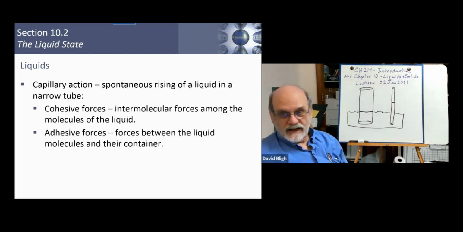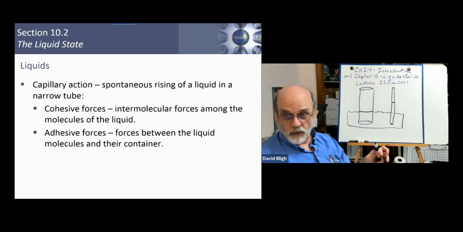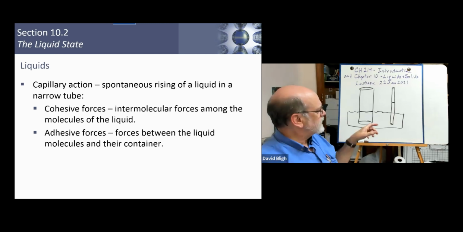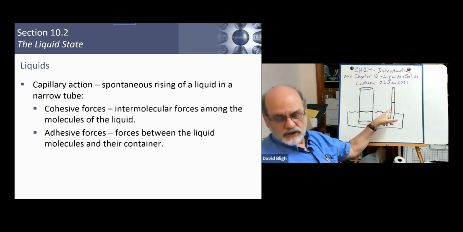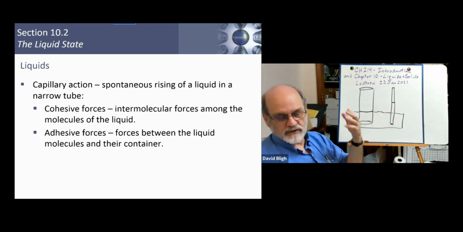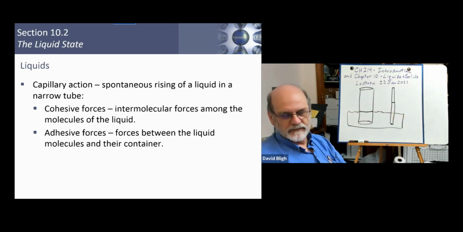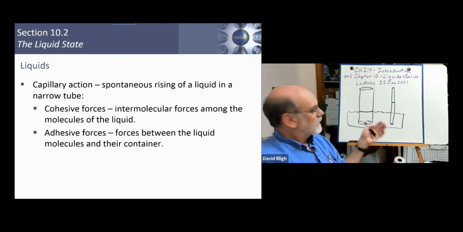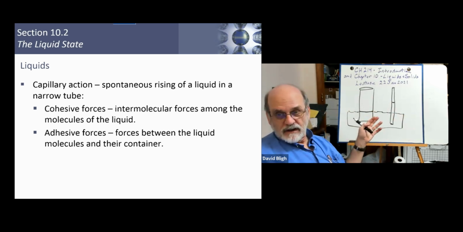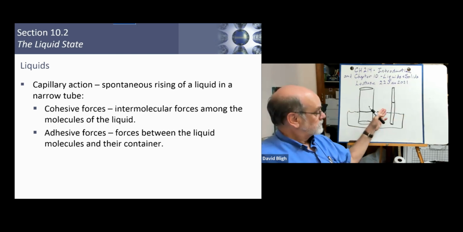Now, why is that? Well, there are cohesive and adhesive forces. The adhesive forces would be between the liquid and usually a glass tube, because you want to see what's going on inside. If you use a metal tube, you wouldn't know it's happening. So, let's keep it simple, the attraction between water and the glass, the attractions are there, right?